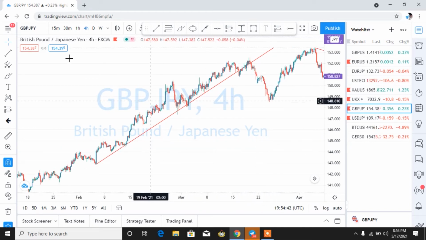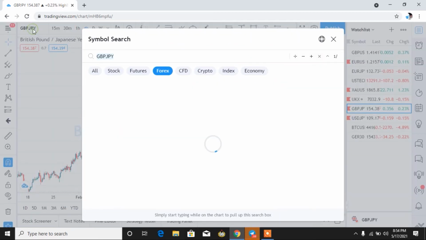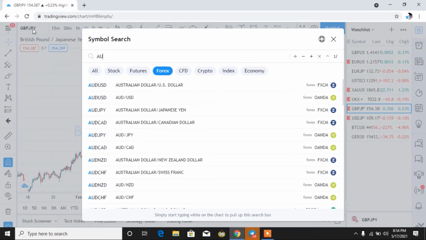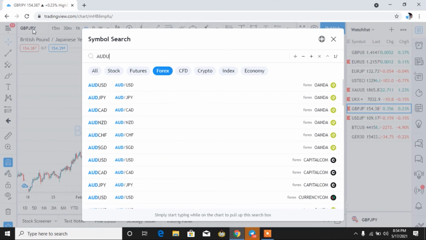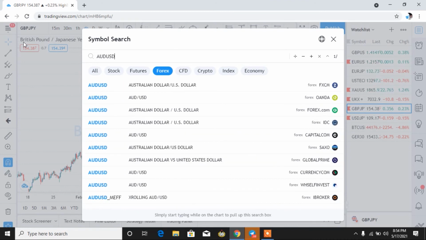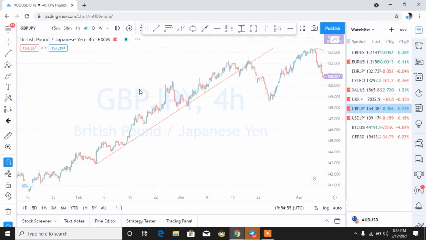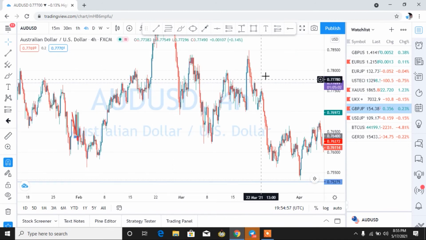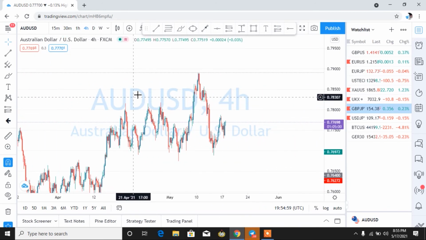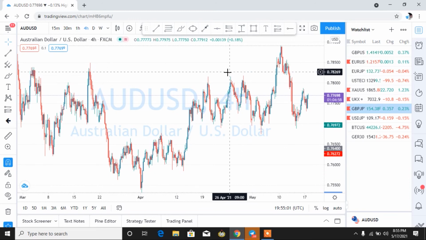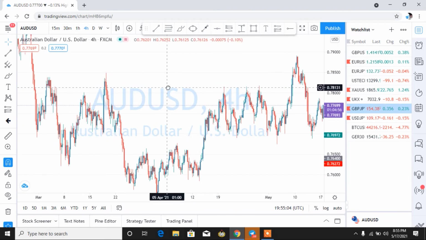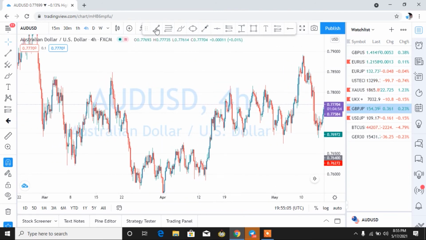Okay, let's look at another example using AUD USD. If I want to draw my trend line here, this is how I'm going to do it.